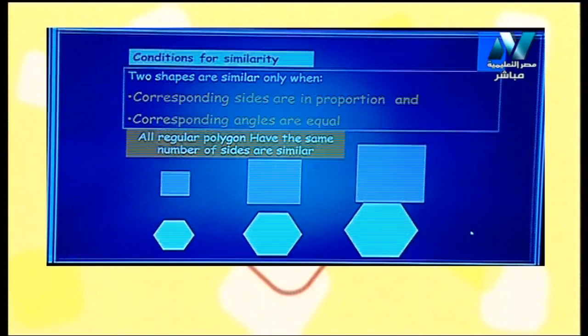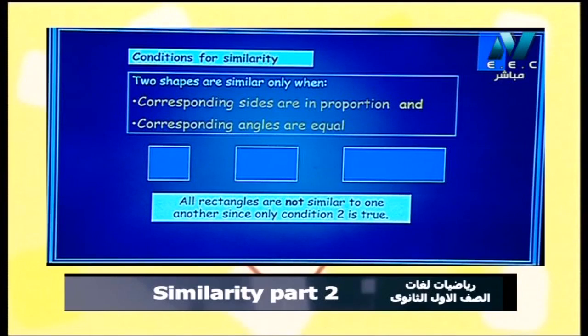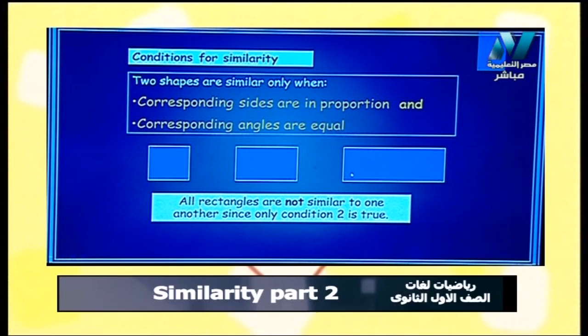Okay, let's go to the second slide here. We continue conditions of similarity, and remember, my dear students, that all corresponding sides are proportional and all corresponding angles are equal in measure. If we have rectangles, like here, we have three rectangles.